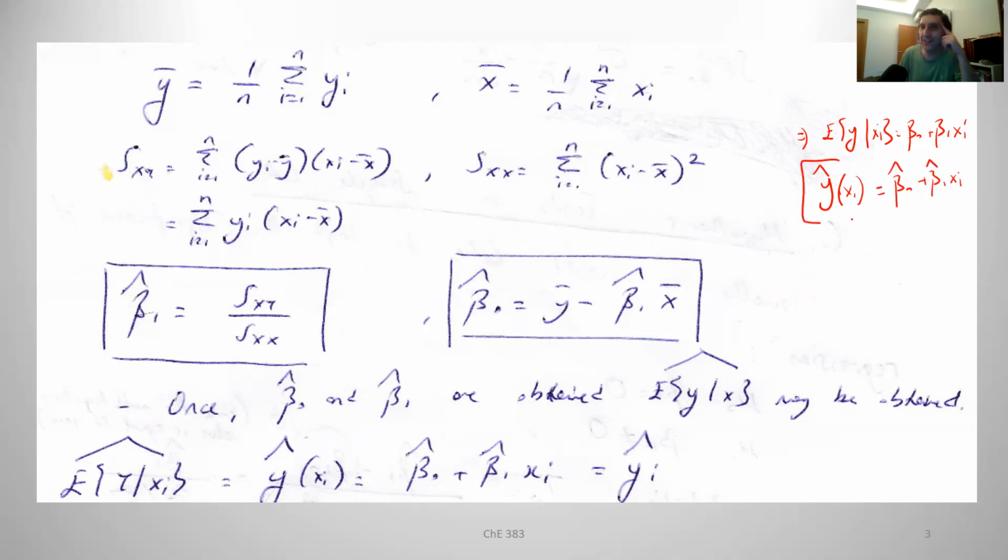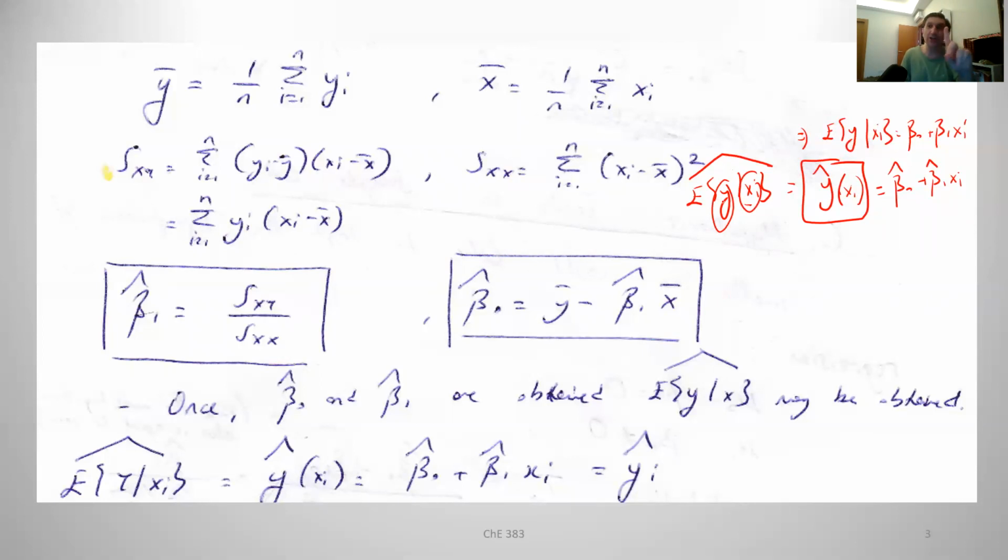Therefore, what we have here as the estimate is actually the expected value of y at xi. It is an estimated value. So what we are estimating using these estimated parameters given some xi value is the estimated value of the response variable y at that xi value.